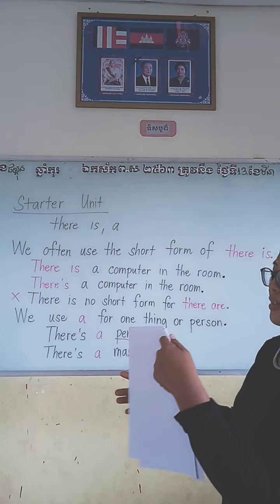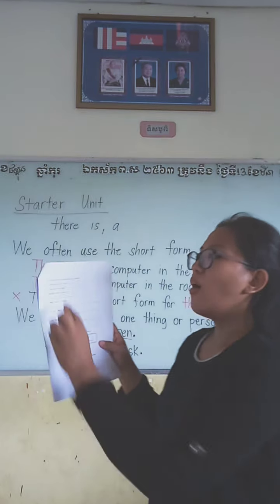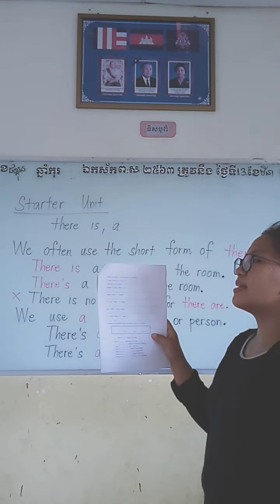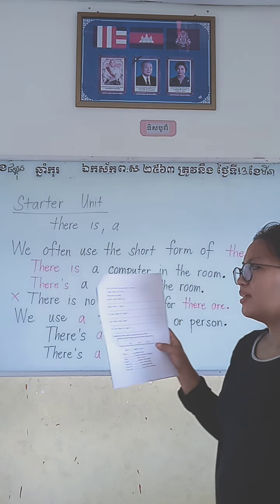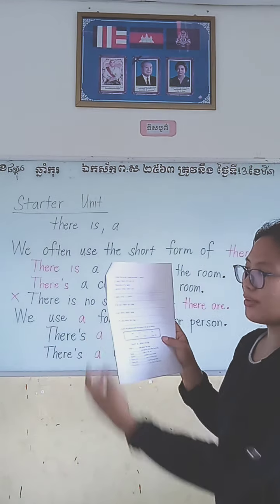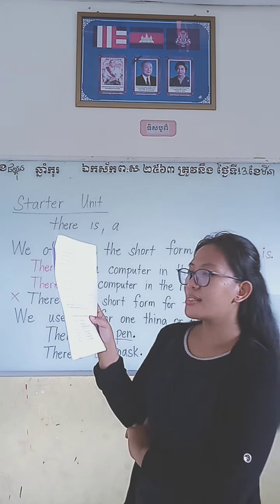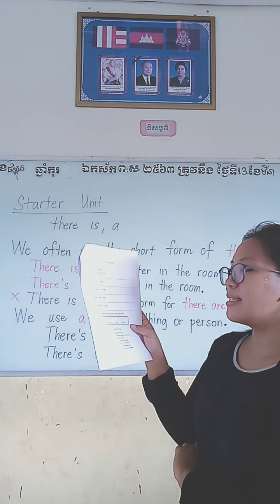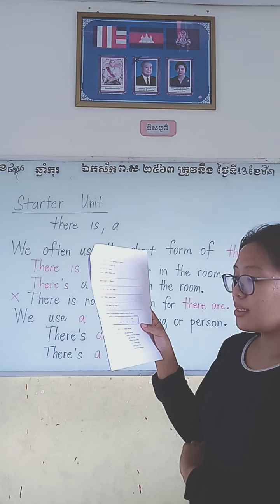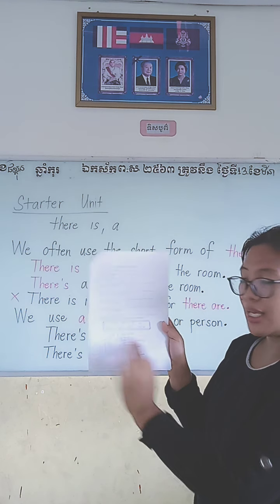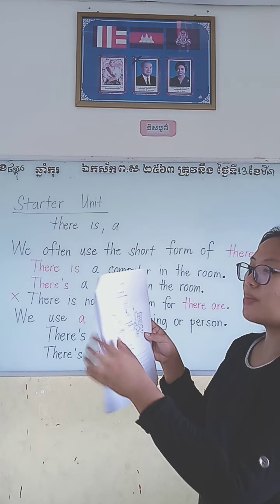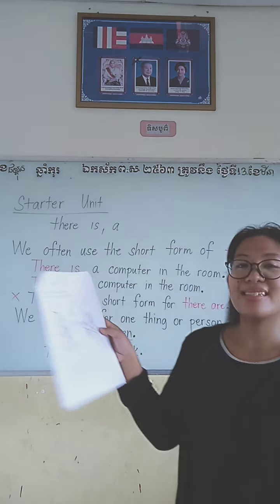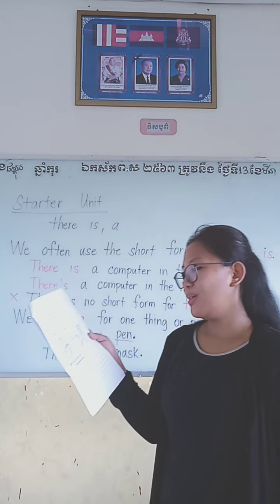Now, the second part is order the words to make sentences. You all know how to do this already. And the third part, complete the sentences with the words in the box. Everything is written here, okay? Then, for the last part, write sentences about your classroom.